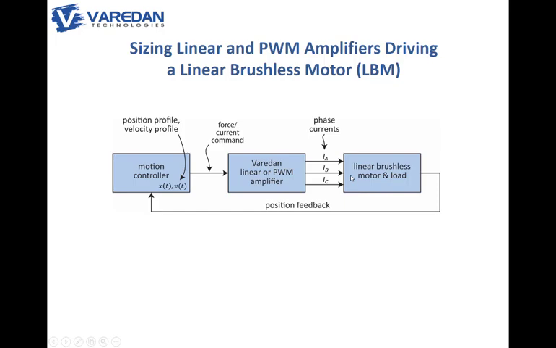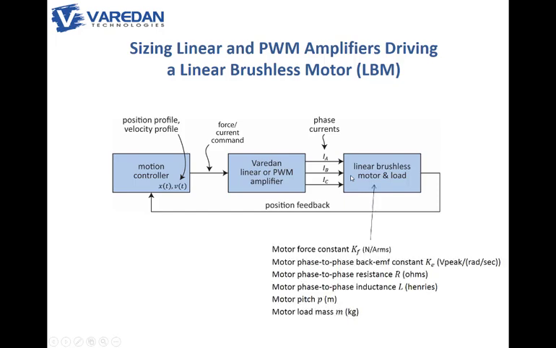Our goal is to determine the amplifier requirements given the velocity profile and the motor and load parameters. The needed motor and load parameters are motor force constant, expressed in newtons per amp RMS, for example, the motor phase-to-phase back EMF constant, K sub E, often expressed in V peak phase-to-phase, radians per second, the phase-to-phase resistance R, the phase-to-phase inductance L, the motor pitch P in meters, and the motor load mass in kilograms.